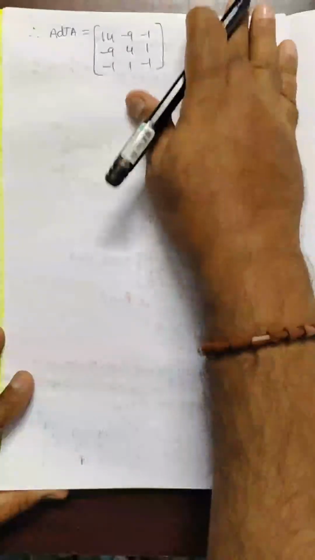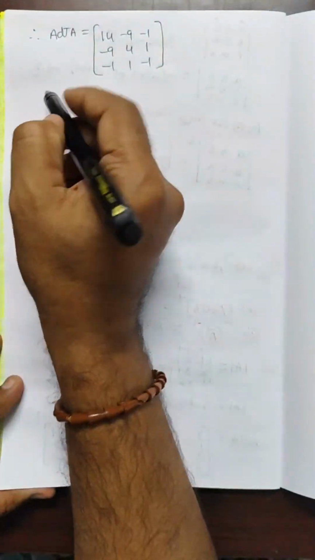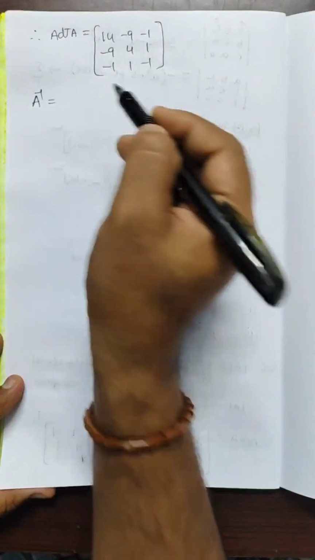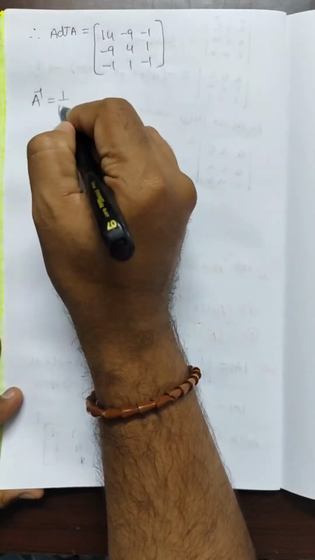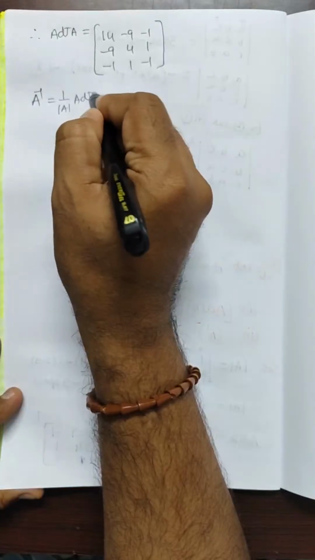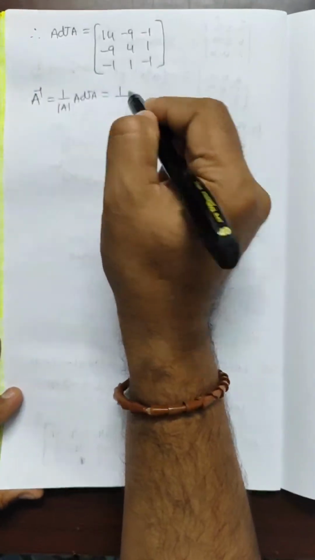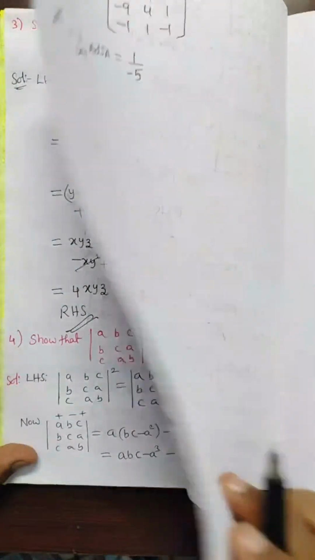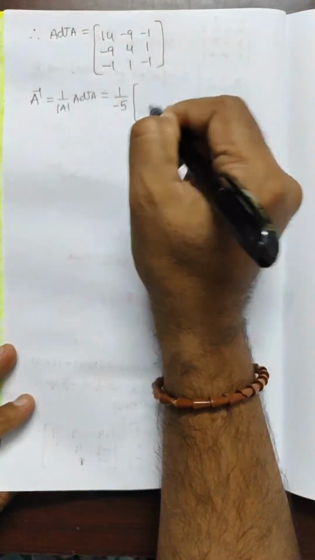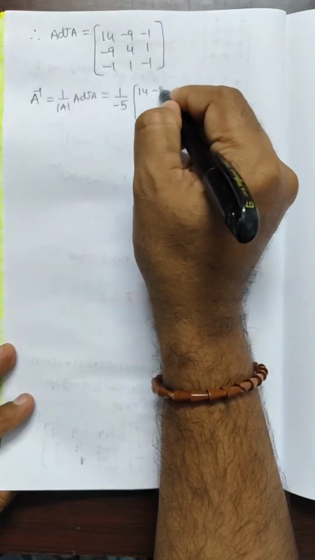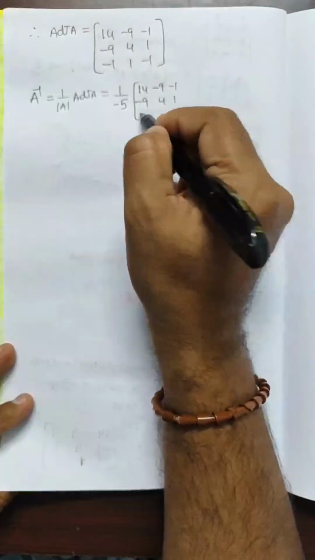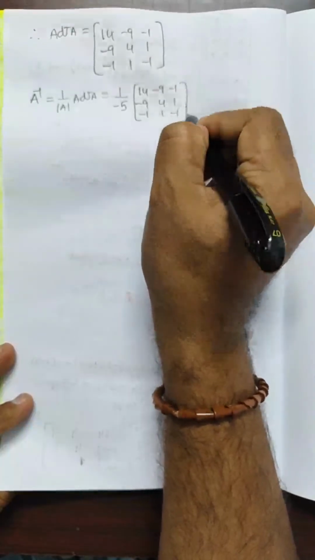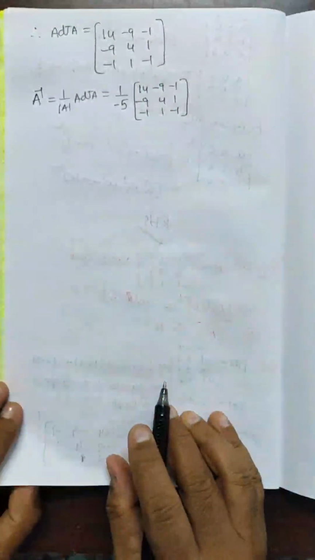First A inverse, if you calculate, automatically it comes now. So A inverse is equal to 1 by det A into adjoint A. So which is equal to 1 by det A value minus 5 into adjoint A, 14 minus 9 minus 1, minus 9 4 1, minus 1 1 minus 1. This is about A inverse.